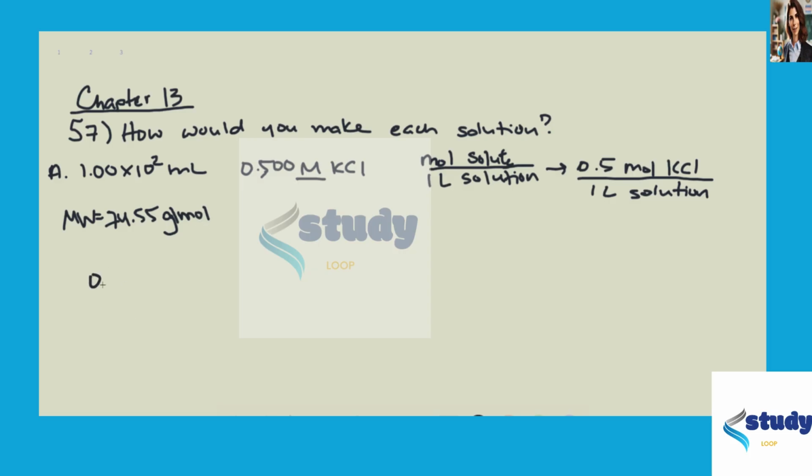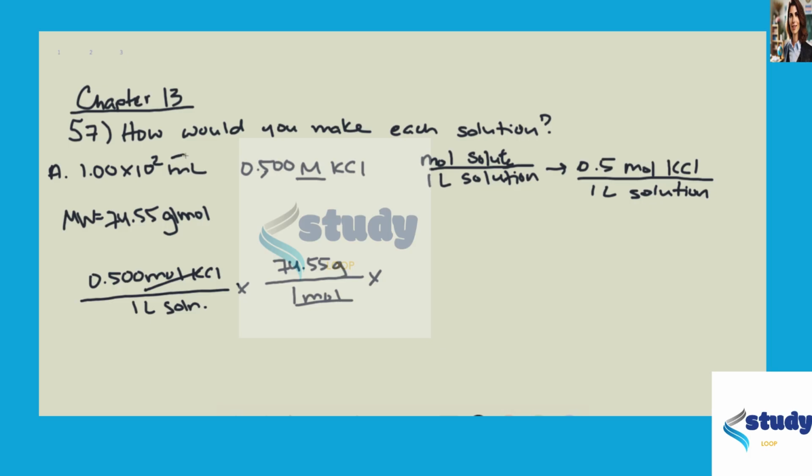So what we know then is we have 0.5 moles of potassium chloride per 1 liter of solution. We eventually want to figure out how many grams of potassium chloride we need to make this solution, so we can plug in that molecular weight. We want a reasonable number of grams for milliliters of solution, not liters, so we can convert from liters to milliliters by knowing that there are 1,000 milliliters per liter.